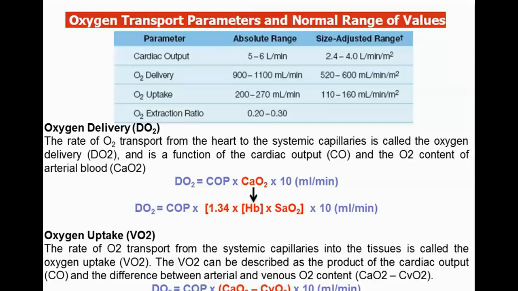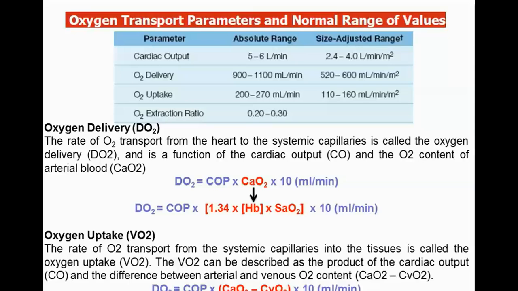So the oxygen extraction is a relation between the oxygen uptake and the oxygen delivery. The oxygen uptake is 250, oxygen delivery 1,000, so the ratio will be 25%. It's clear?